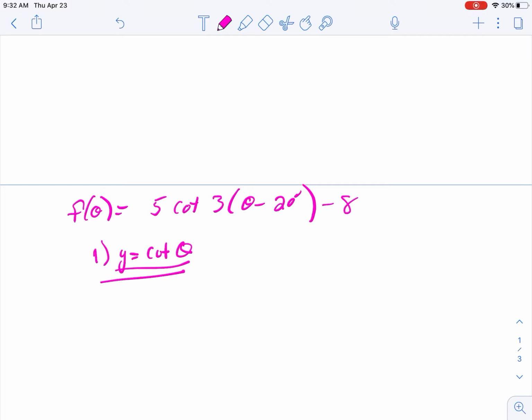So where do I put my asymptotes? Okay, so here's my graph. And let's put in, let's say negative 90, 0, 90, 180, 270, and 360.